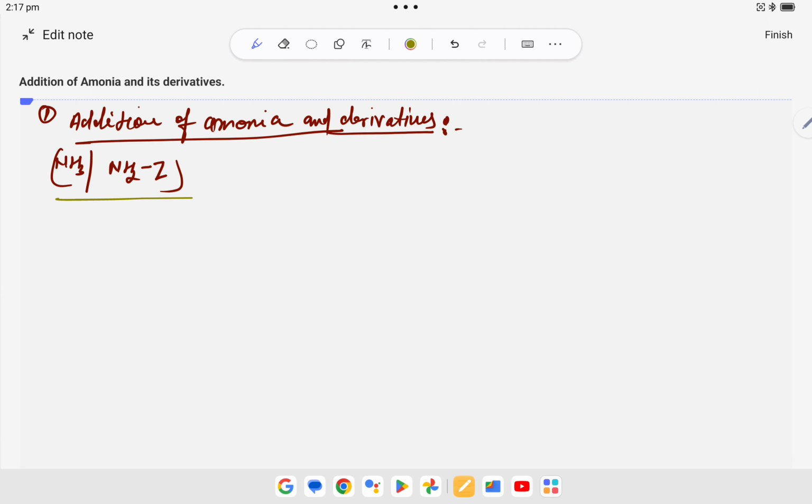So let us check the mechanism. In this case, if we are talking about the carbonyl compound, then this is our carbonyl compound. Oxygen is having a lone pair, this time reacting with ammonia, NH and Z. At the place of Z, if you are using hydrogen, then it becomes ammonia and there will be no problem.